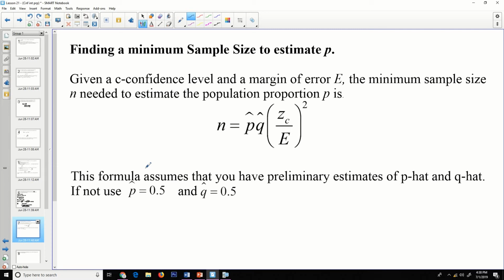This formula assumes that you have preliminary estimates of p hat and q hat, but if you don't have those preliminary estimates, you can make p hat 0.5 and q hat 0.5. So you get a little bit of wiggle room there.